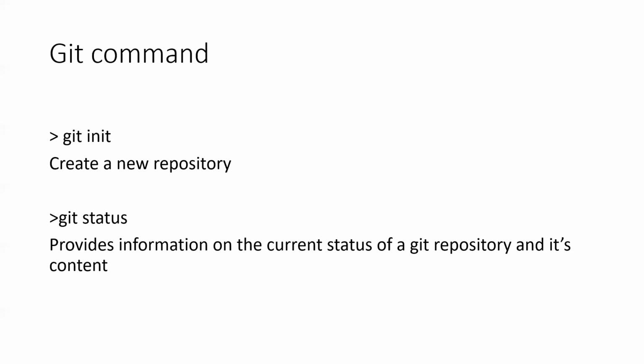You just have to open this work folder, a directory, and go there. You can check with git status whether that particular folder has a Git repository or not. The git status command will help us.